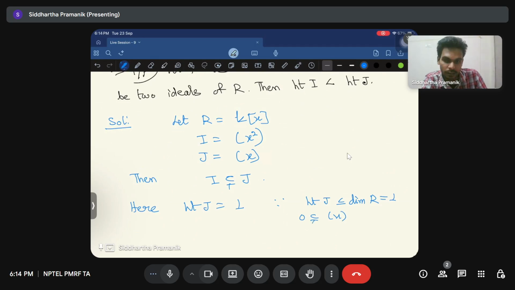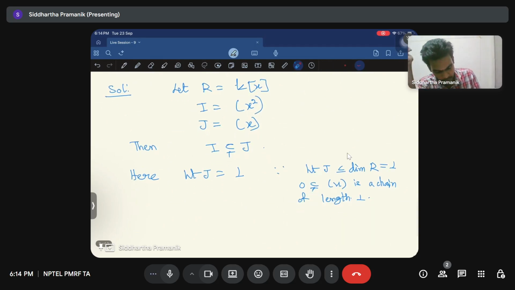So this is a chain of prime ideals of length 1. Or we can use the Krull's principal ideal theorem because x is a non-zero non-unit, so its height has to be 1.